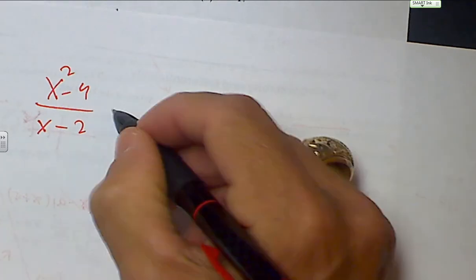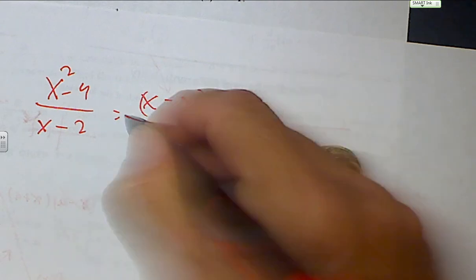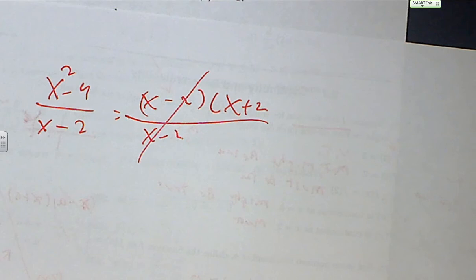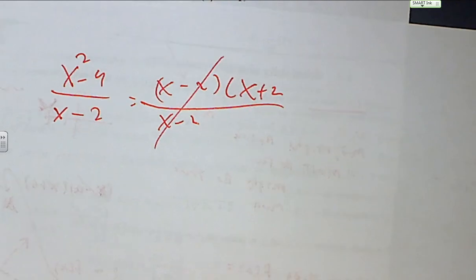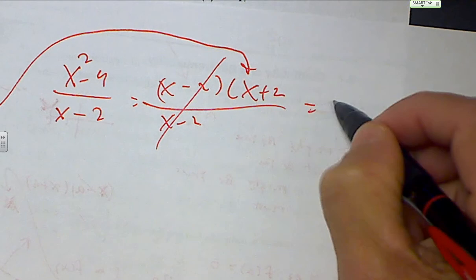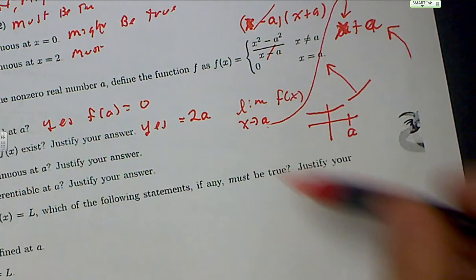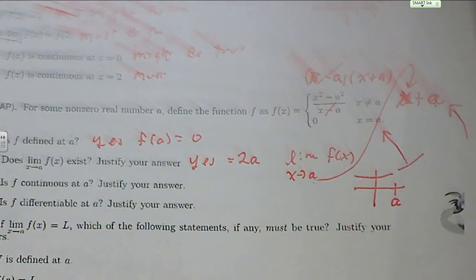That's the question I'm asking you. You factor it out. You cross out, and the last step would be what? You plug that in to tell me the limit is equal to 4. Follow? Yes. Okay. That last step, you plug the A into the equation you factored out. So the limit is 2A.